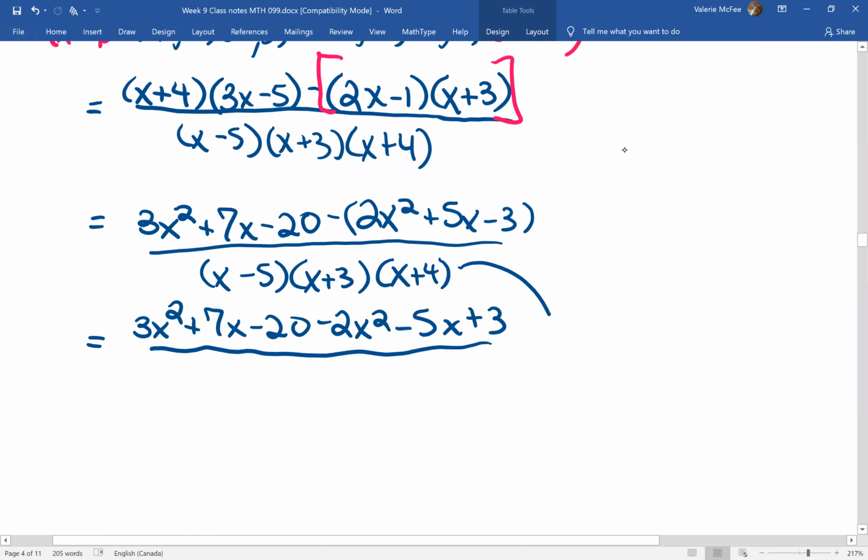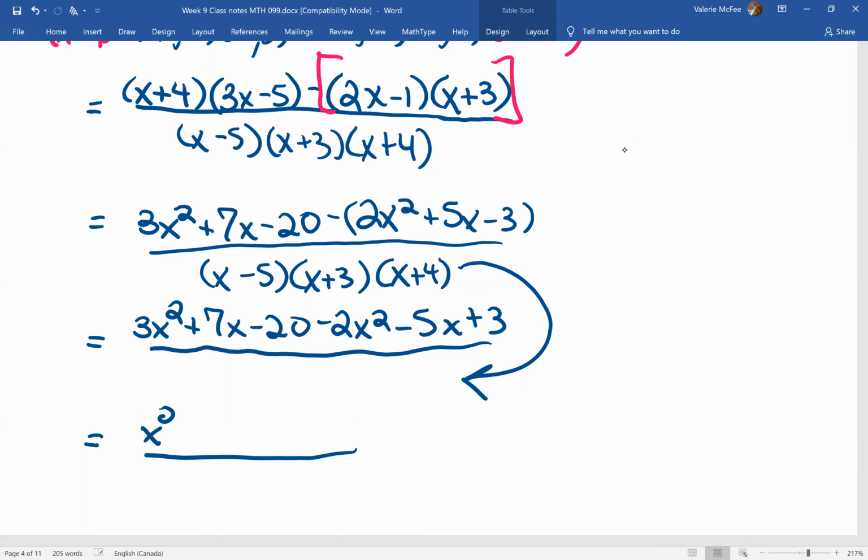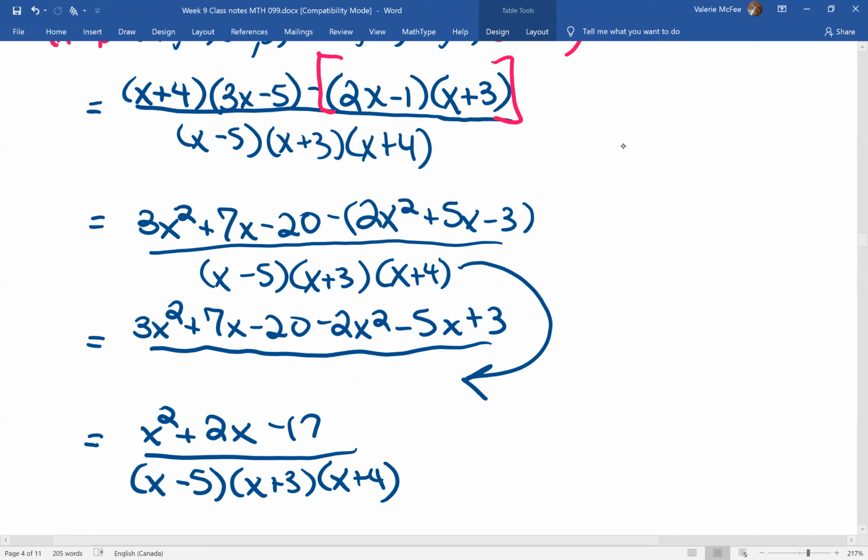Oh, I get a little tired of writing that denominator. I don't know about you. So we have x squared plus 2x minus 17 all over x minus 5 times x plus 3 times x plus 4. The numerator cannot be factored any further, so this is our answer in factored form.